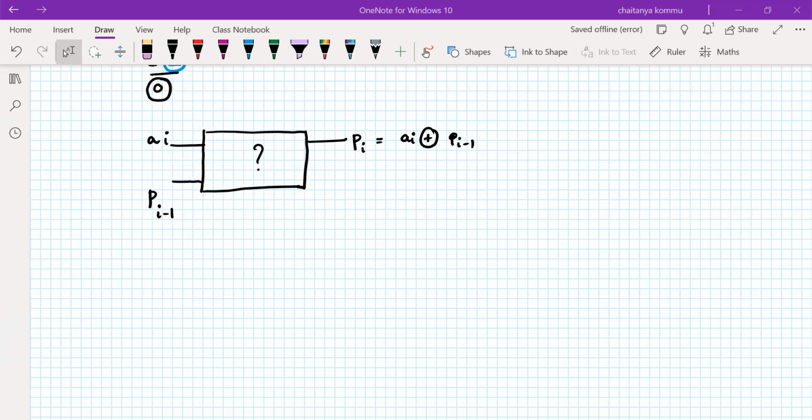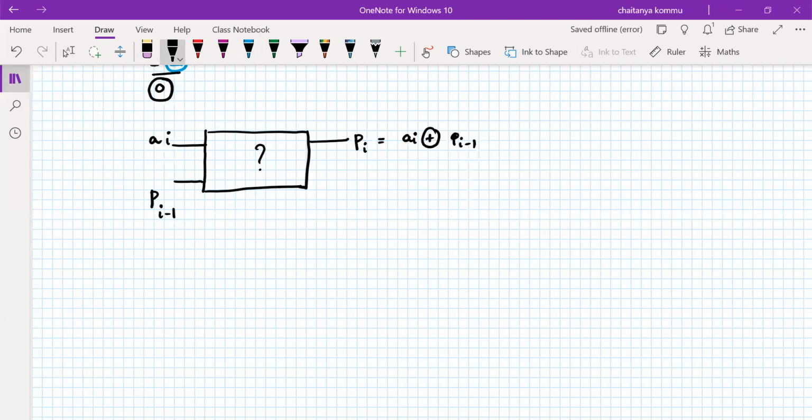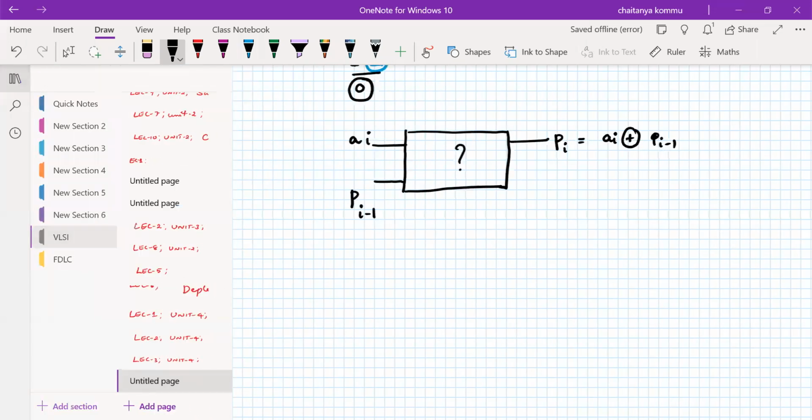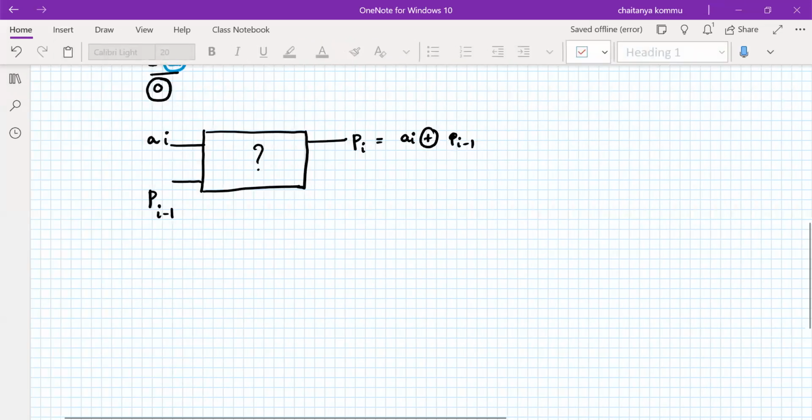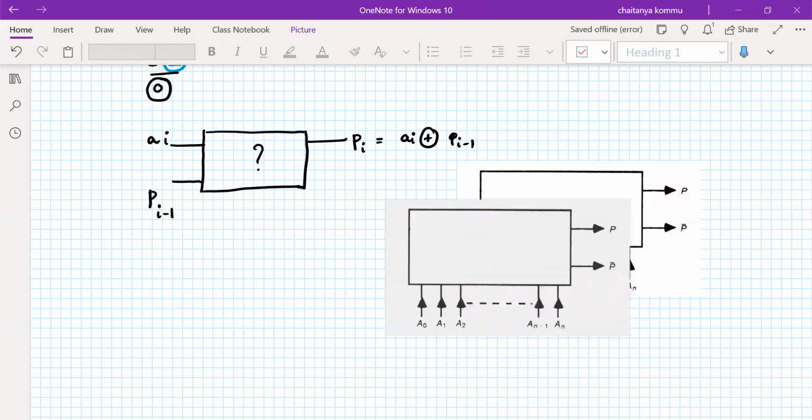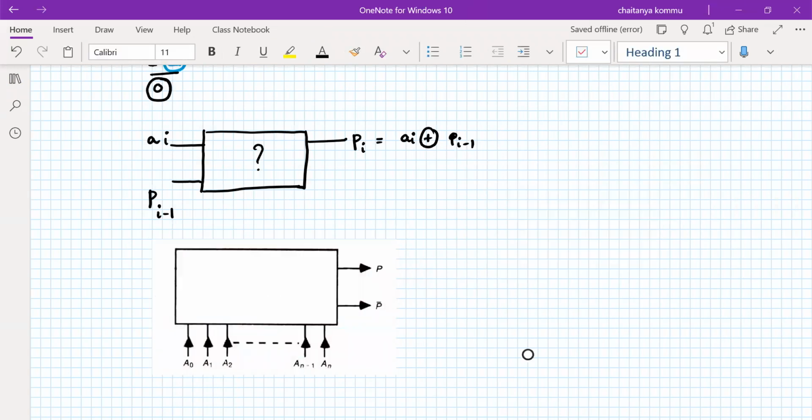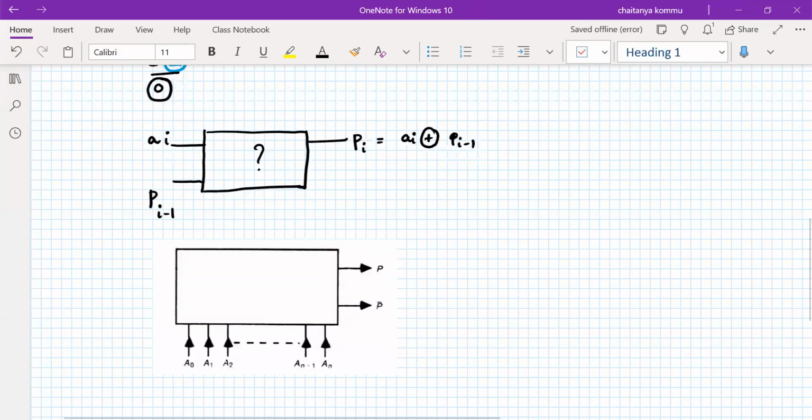So I'm going to write the generalized structure here. Copy and then paste here. So just you have to understand here, the simple point is that this is the block diagram for a parity generator.